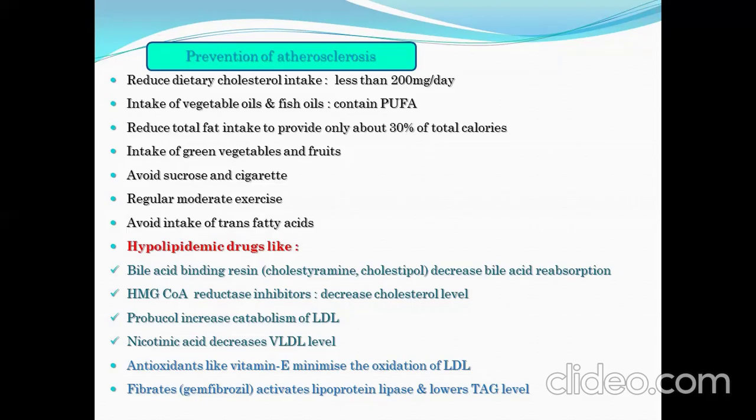And lifestyle modifications: those who are smokers have to quit smoking. Those who are taking more alcohol have to limit alcohol consumption. And those who are overweight, according to height and body weight, have to maintain a healthy weight.